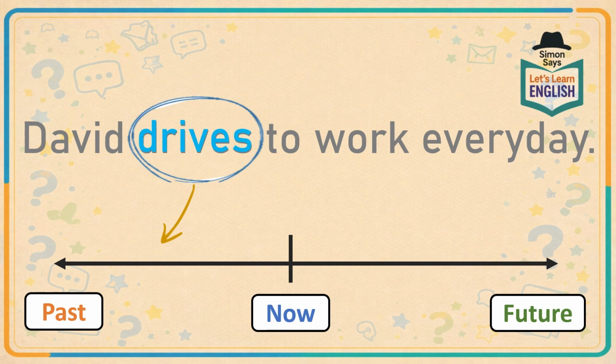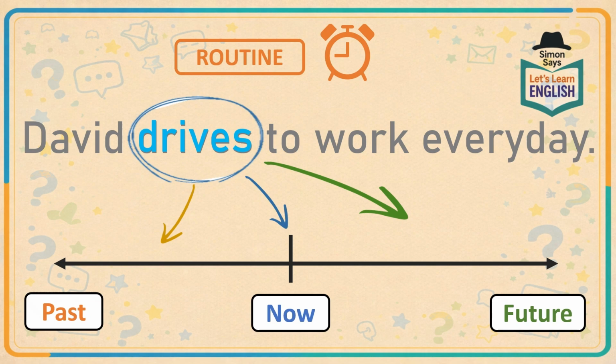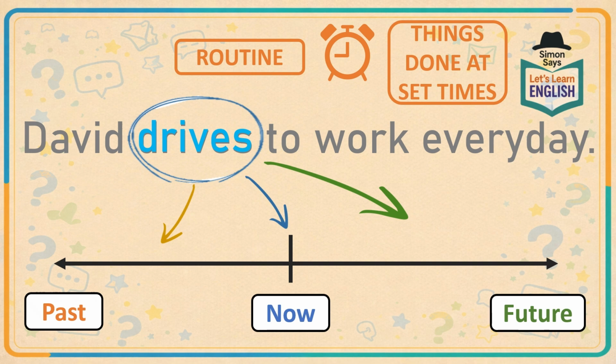He's driving to work now. And he'll probably drive to work tomorrow and next week. So this tells us about David's routine. Now, routines are things that are done at set or specific times on a regular basis.